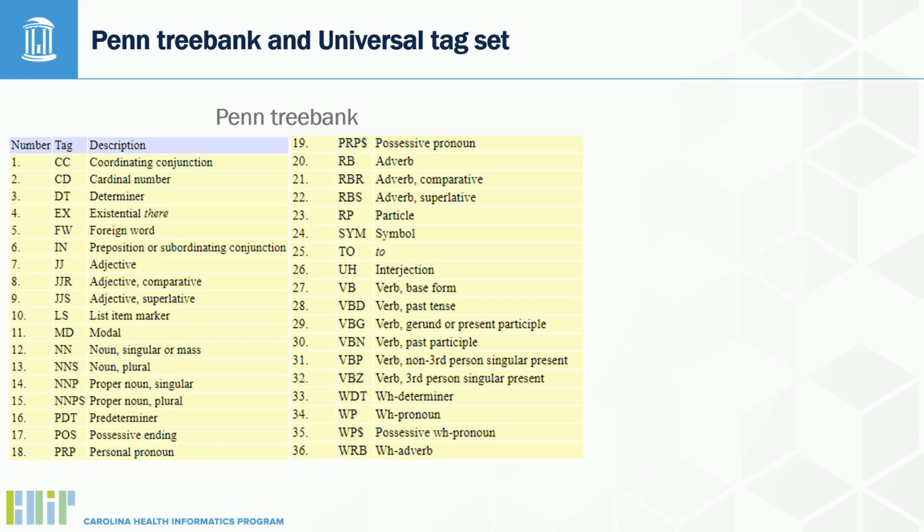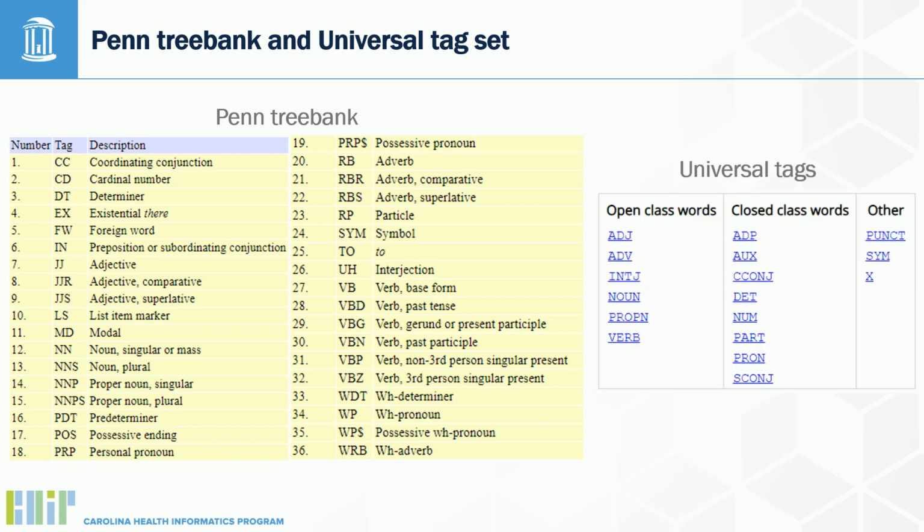Another very popular one is the universal tag set developed in 2012. This tag set is less fine-grained, but more flexible and simpler to use if detailed distinctions are not required. For example, the adverb in Penn Treebank are classified into three different types, whereas the universal set only has one.